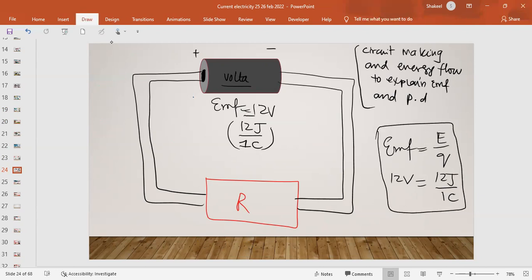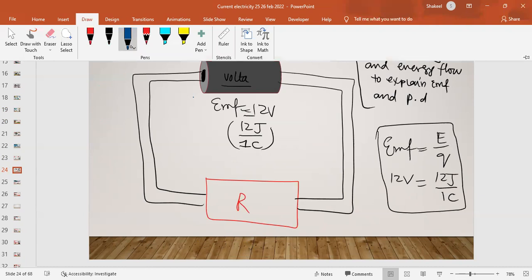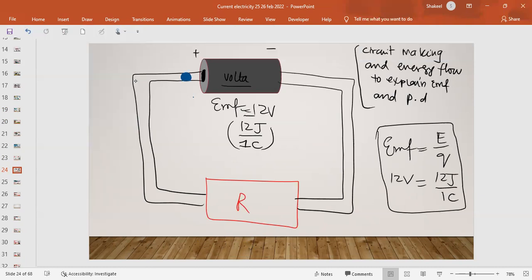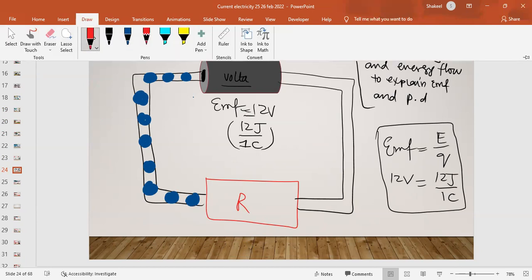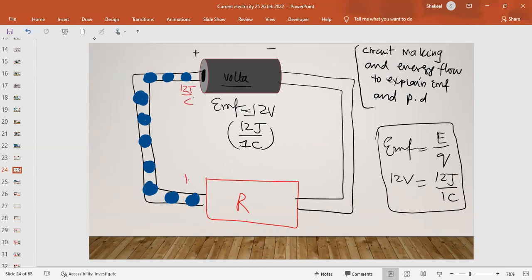Let's say these are the charges coming out of the cell. These are positive charges and they are full of energy. What's the energy of these charges? These charges have energy of 12 joule per coulomb because these wires are ideal. These don't have any resistance.